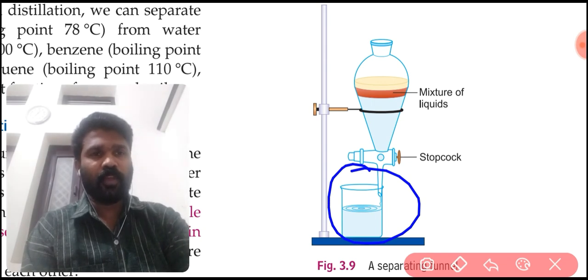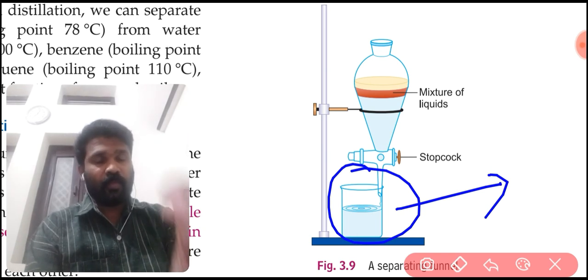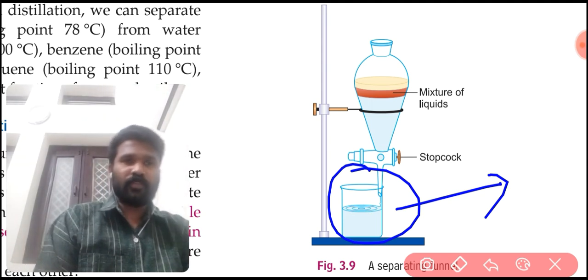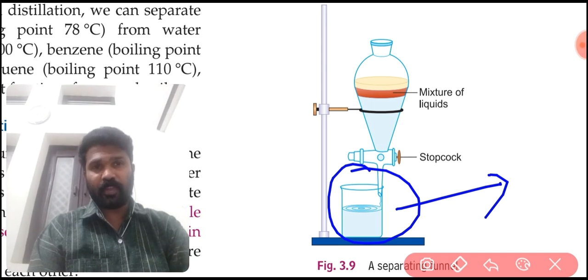Then remove this beaker and keep a new beaker here to collect the oil next. Now the brown colored oil is left. Once this oil is collected in the second beaker, close the stopcock, remove this beaker and keep another beaker. Like that we can collect water and other oils in separate beakers. This is the use of the separating funnel. By this method we can separate immiscible liquids.